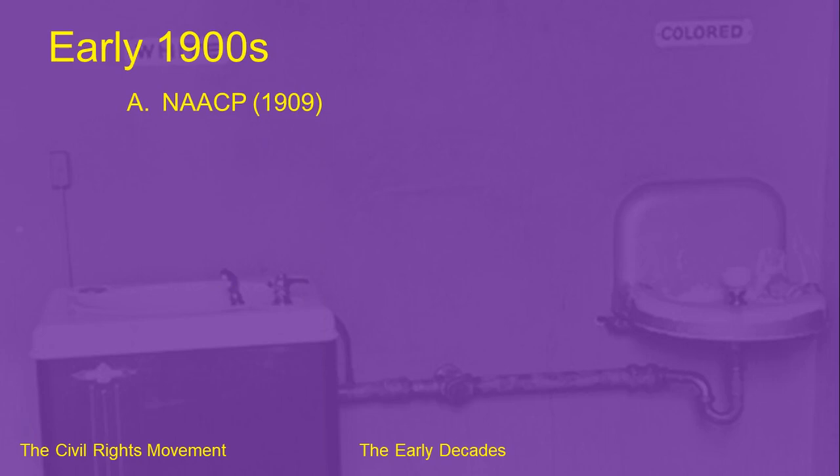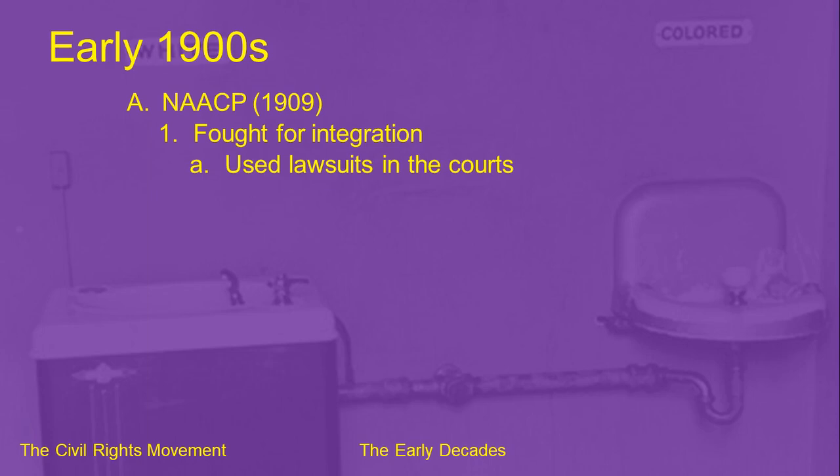And in the early 1900s, we've talked about the formation of the NAACP, which was an organization that fights to end segregation and discrimination. In the early 1900s, they were fighting specifically for integration of the races, and they did this in a couple different ways. One of the ways was through using the court system, filing lawsuits against businesses and government entities that practiced segregation and discrimination.